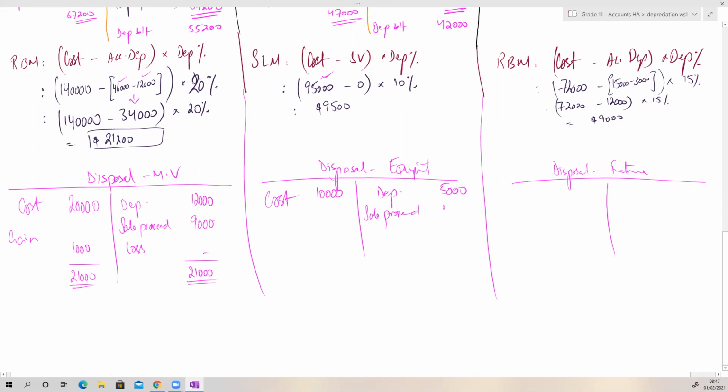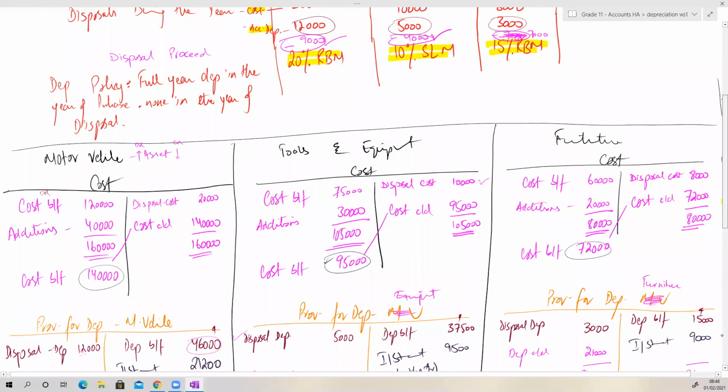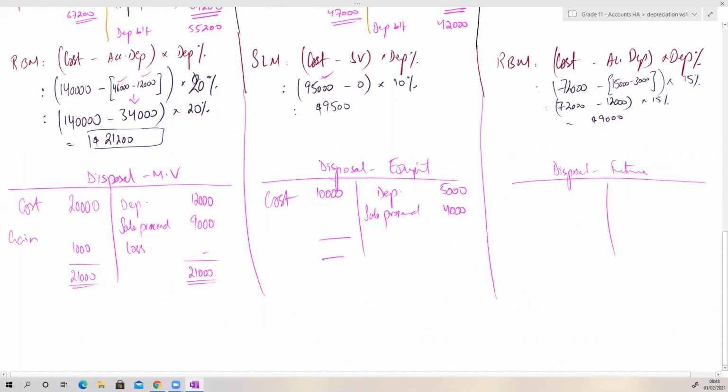Sale proceed was 4,000. ये कहाँ से मेरा sale proceed? Question में ये given था. Sale proceed was 4,000. ठीक है. So now, if you look at this way, this side heavier debit side to 10,000. 10,000 minus 9,000, so there's a loss of 1,000.